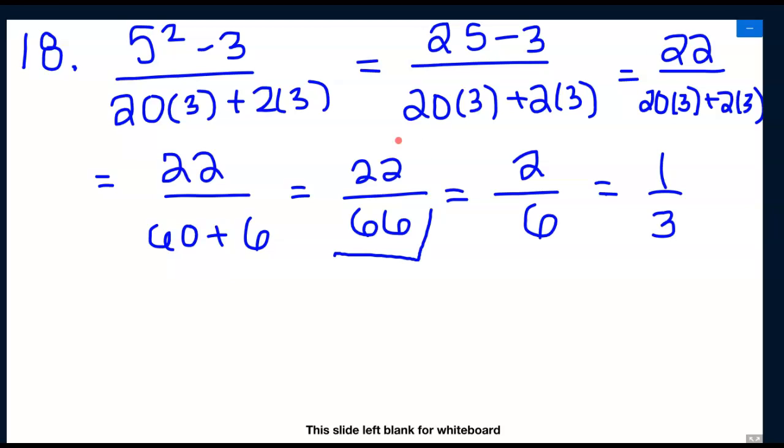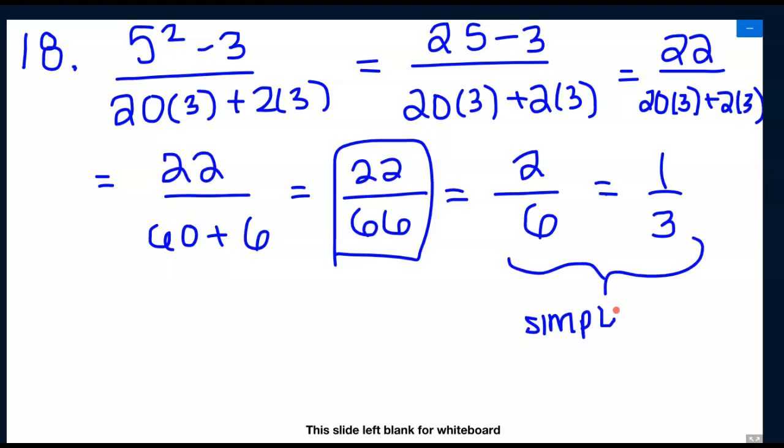Anybody have 22 over 66? Awesome. So that's totally acceptable. These are what we just called the simplest form. Okay.